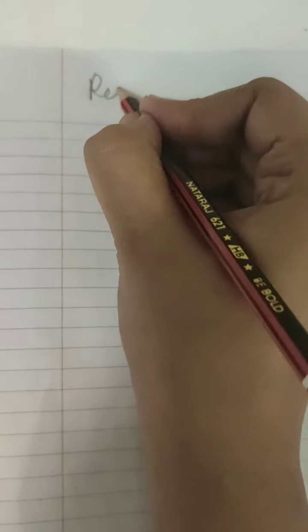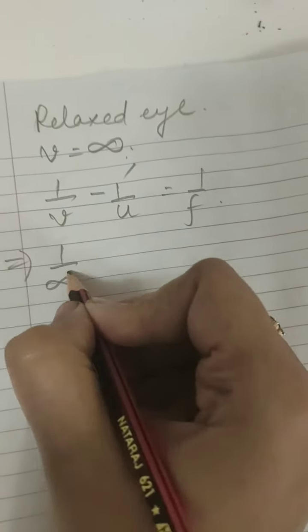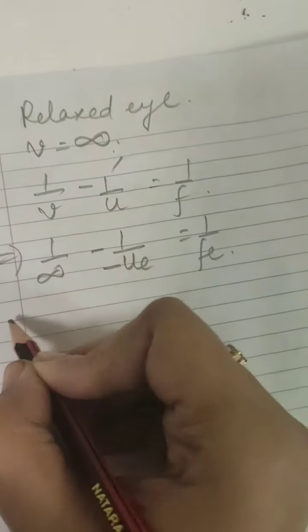Now for the relaxed eye, the final image will be at infinity. So use the lens maker's formula: final image at infinity, minus 1 by minus UE equal to 1 by FE, or 0 plus 1 by UE equal to 1 by FE, or UE equal to FE.